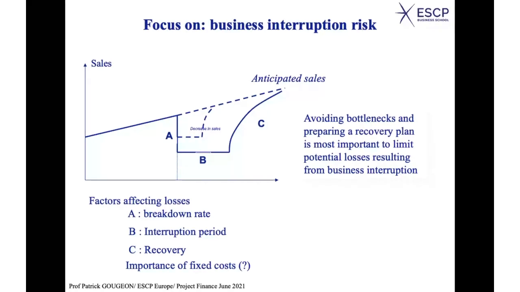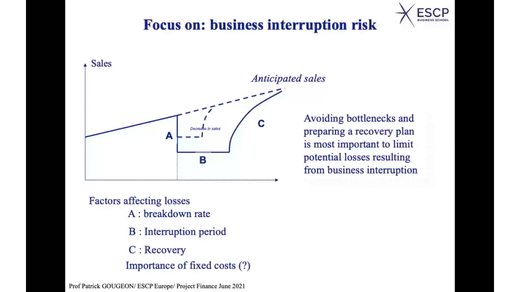To accelerate the recovery and reduce the interruption period, the value of B, if the interruption period is not too long, then you can recover rather fast. If you are for a long time away from the market, it may be trickier and trickier to come back to normal, okay?